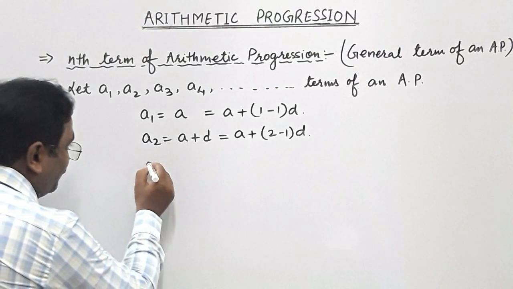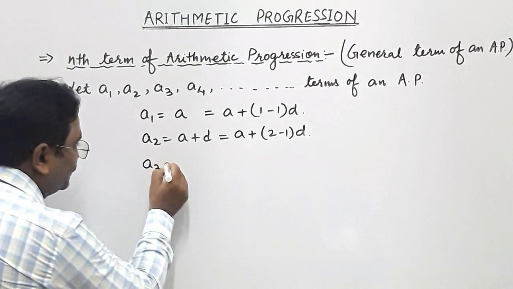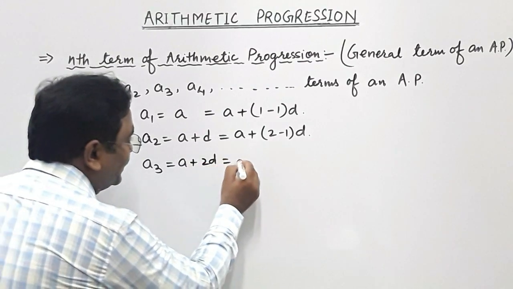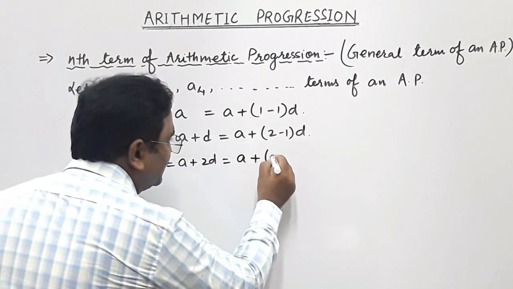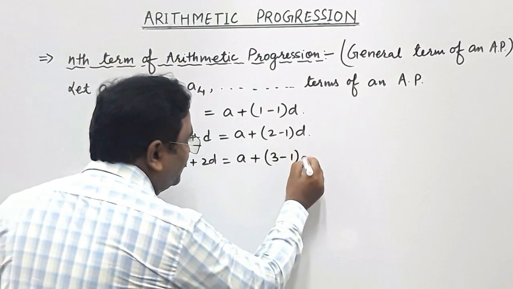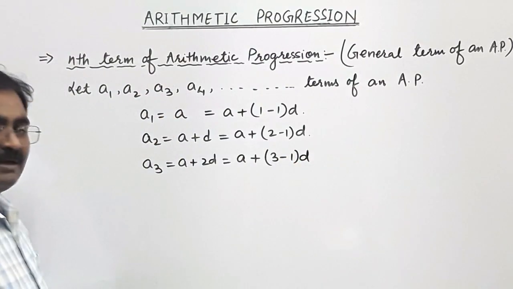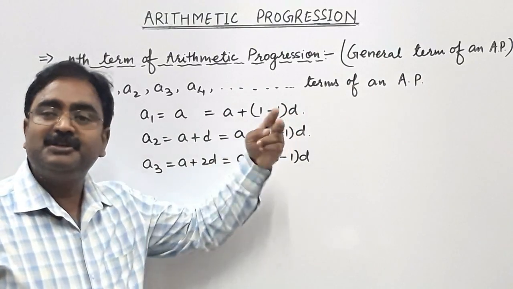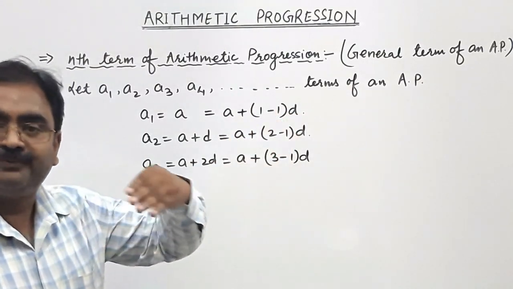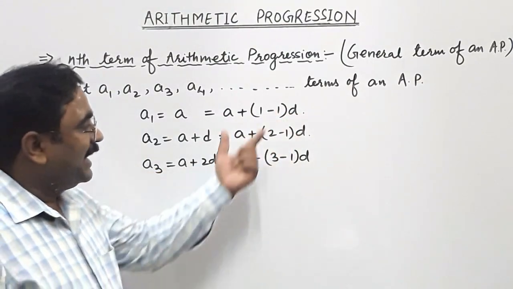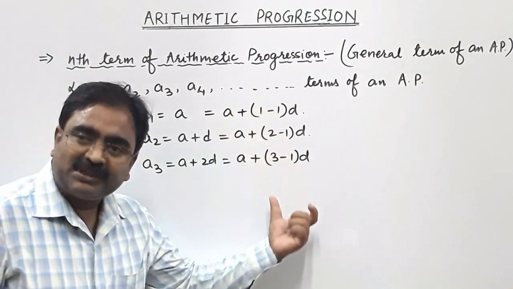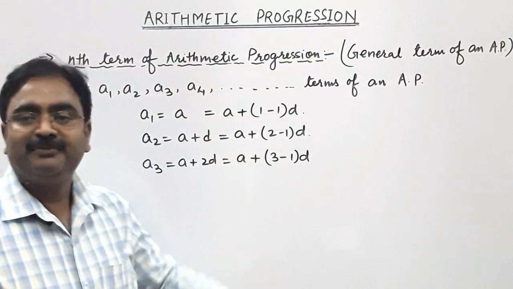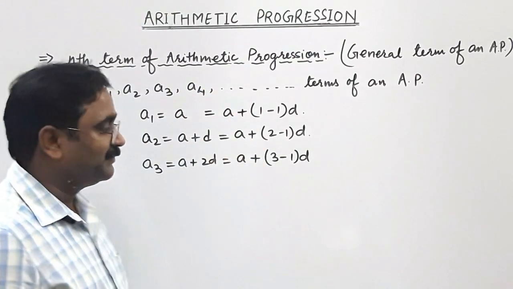So similarly, when you write the third term, it can be written as a plus 2d, that is a plus 3 minus 1 into d. अभी हम लोग क्या कर रहे हैं, these terms को हम correlation that we are going to form, and based on those relations we have to find the general term or nth term of arithmetic progression.